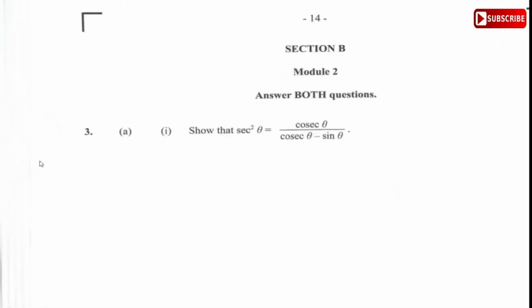sec squared is equal to this. Well, we know that sec squared theta is equal to 1 over cos squared theta. This is sec squared theta.